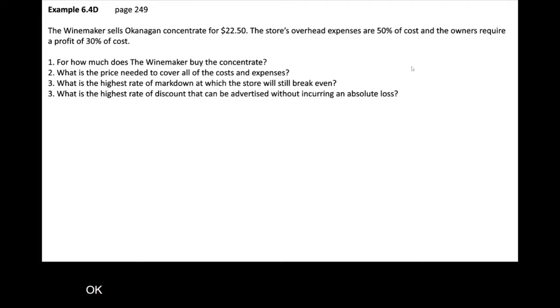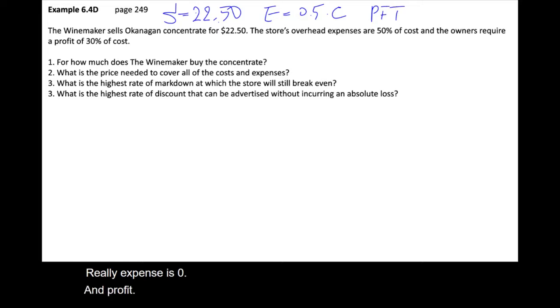Okay, people, I think it was enough time. So let's see. S is 22.50, right? Ready expense is 0.5 C, and profit is 0.3 C. That's what we know.